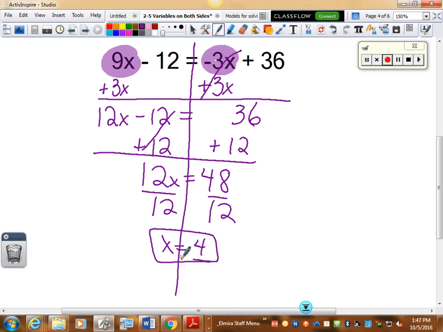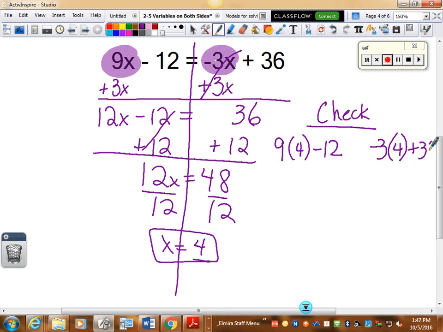If you were doing a check, my original problem is 9 times x, so I'll do 9 times 4 minus 12. And on the other side, I've got negative 3, also times 4, plus 36. And I want to see, do they end up being equal to each other?